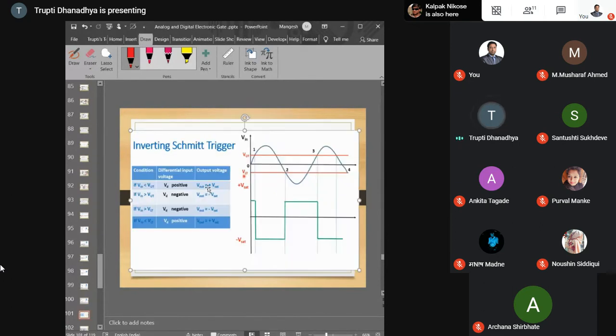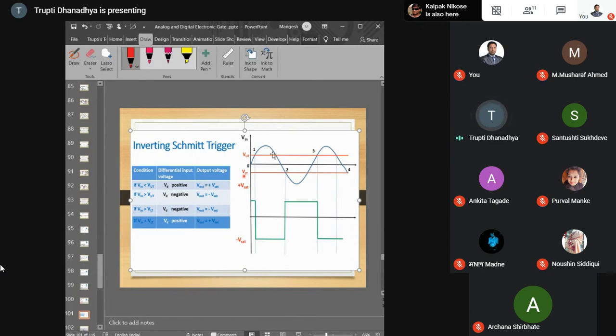Yes, by using that configuration, positive, negative, negative, positive, we have to design our waveforms. So you have to see here, I already told you we are configuring the inverting Schmitt trigger. That's why, as I told you, in the inverting Schmitt trigger we get a 180-degree phase shift at the output.